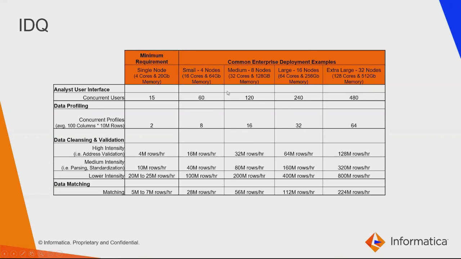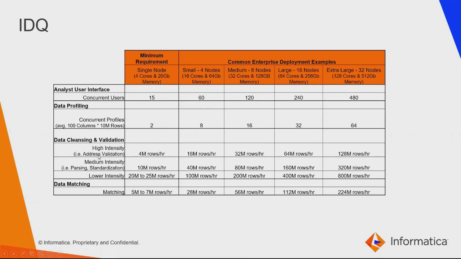I'll run through one of the examples here from a small type of deployment, which considers 4 nodes, 16 cores, and 64 GB memory. Here the average number of concurrent users is 60, whereas for data profiling, concurrent profiles are around 8, having an average of 100 columns with 10 million rows.